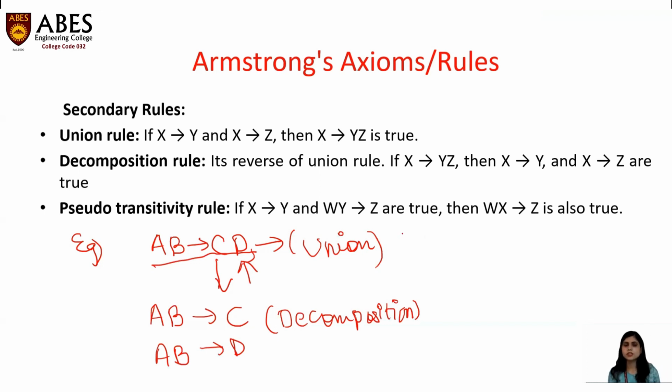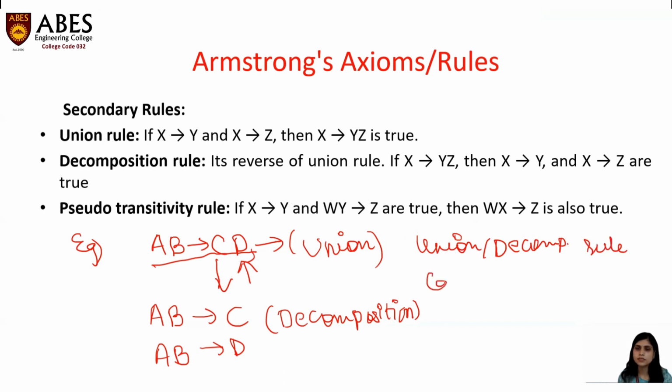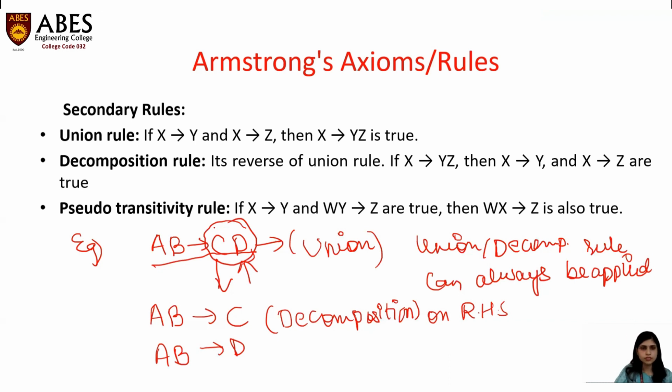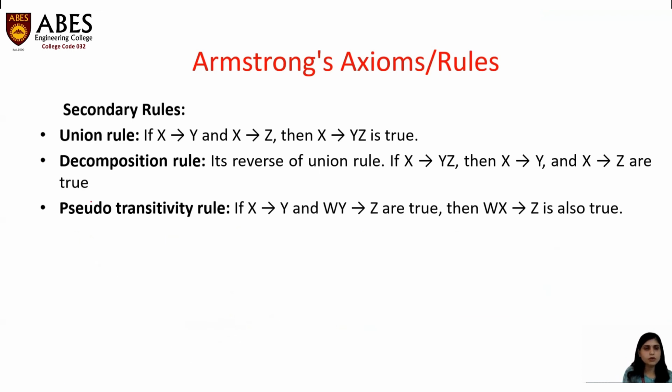One point that should be noted is that the union and decomposition rules should always be applied on the right hand side of the production. Why so? Let's check through an example why union and decomposition rules cannot be applied on the left hand side.